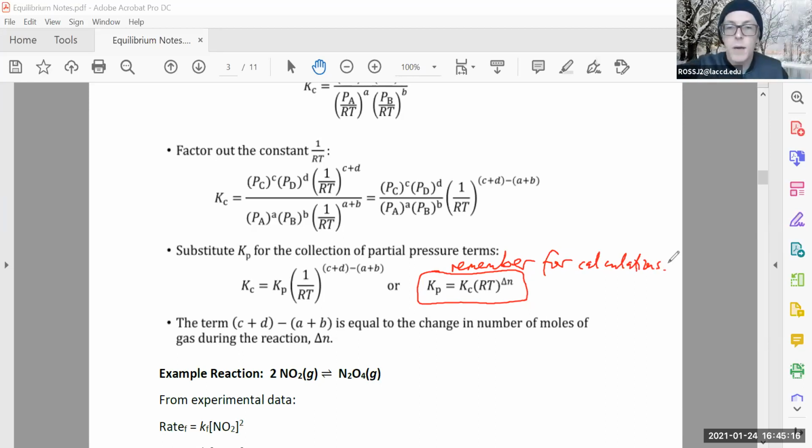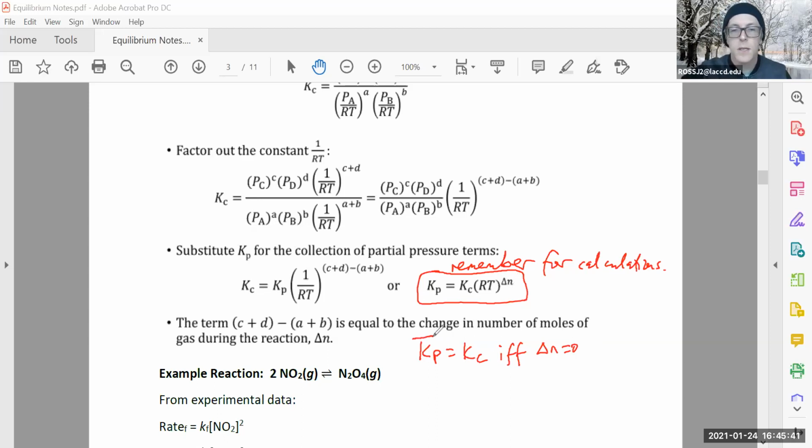So Kp is Kc (RT) to the delta N. Obviously, we know that Kp equals Kc if and only if delta N equals 0, because if delta N is 0, (RT) to the delta N just becomes 1.